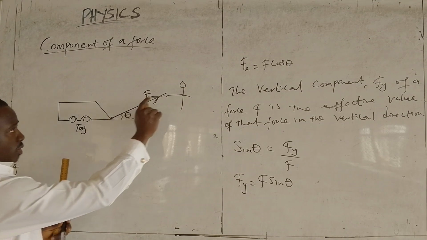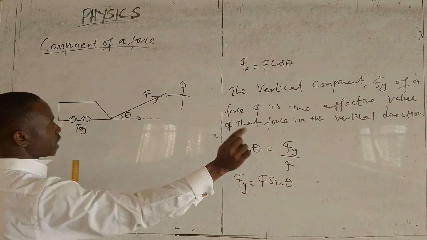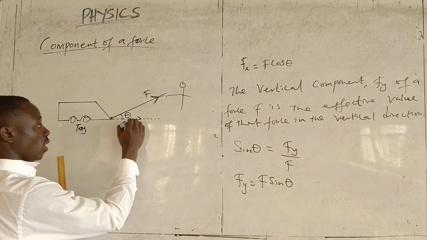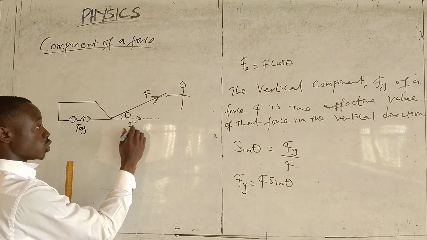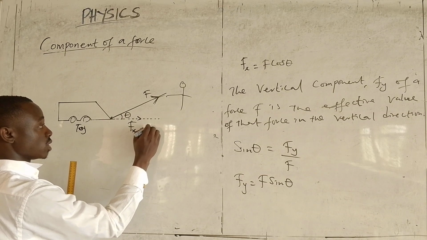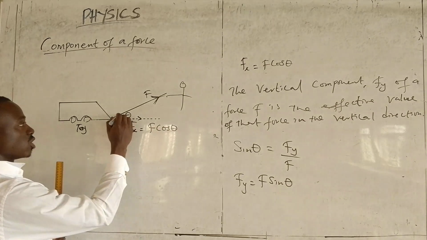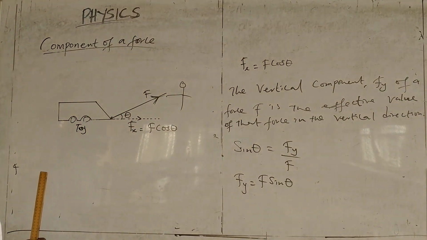Now, the force that tends to pull the car along the horizontal on the floor is what we call the horizontal component of that force, which is Fx, equal to the force times cos theta, where theta is the angle of inclination to the horizontal.